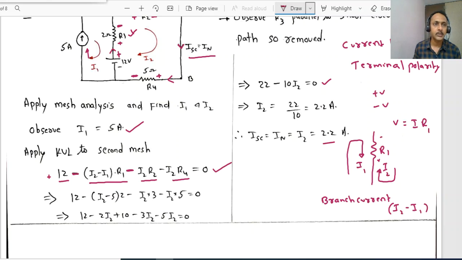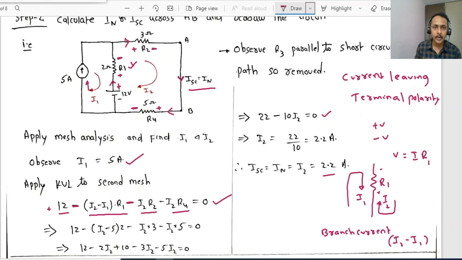Clear? This I2 is flowing like this only. I2 and I Norton, or ISC, are all in the same direction. So our ISC equal to I Norton is nothing but equal to I2, right?